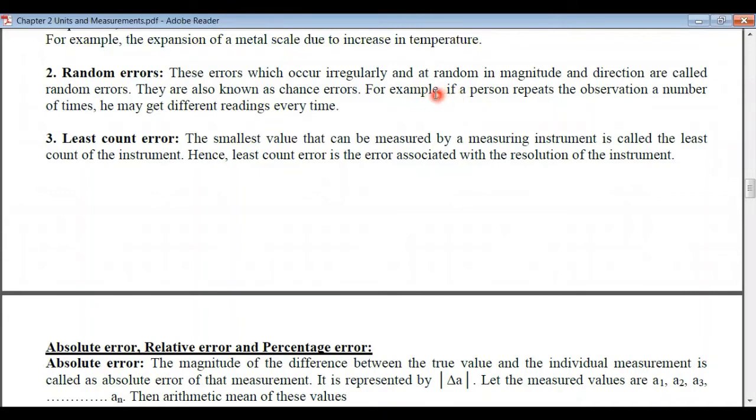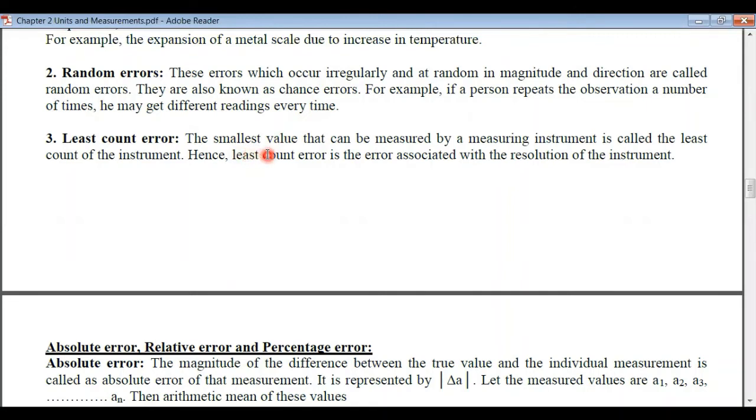So this error occurs randomly, irregularly. That is why they are also called chance errors. That is, they occur by chance. But these errors can also be minimized. How? By taking a number of readings and then finding the arithmetic mean of it. The random errors can be minimized.